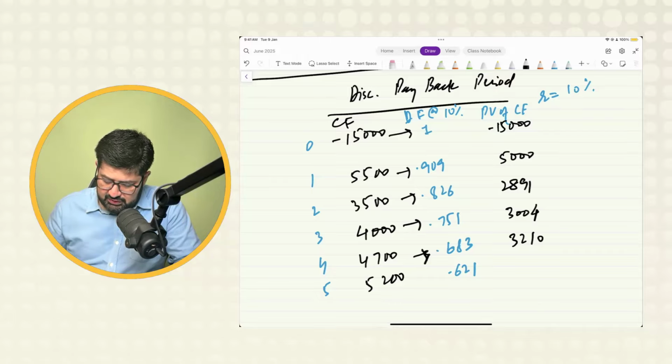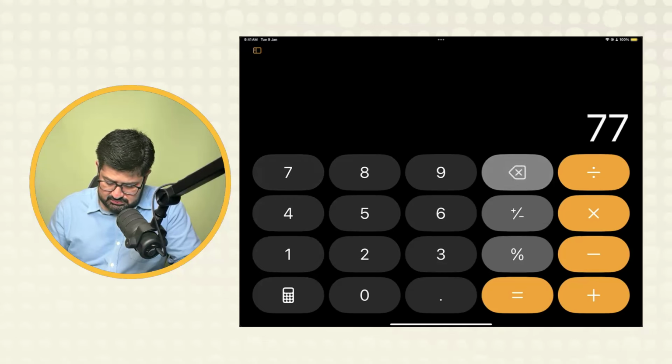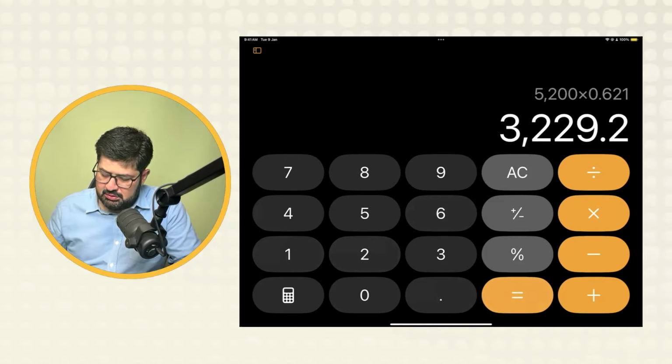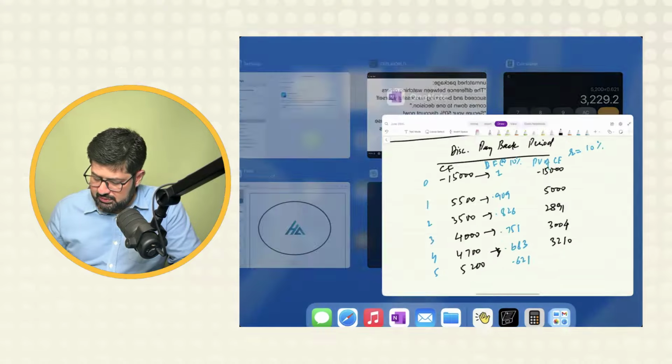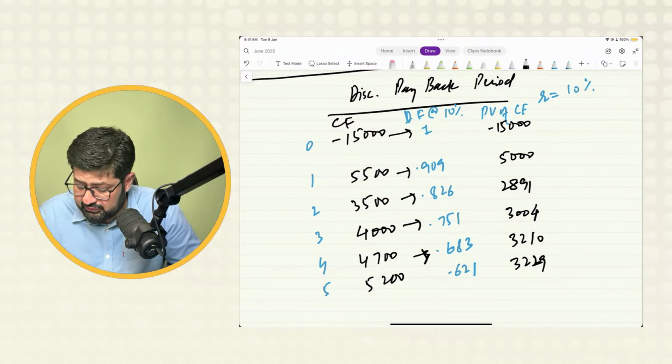And the last is 5,200 into 0.621. 3,229. So these are the cumulative present value of cash flows.